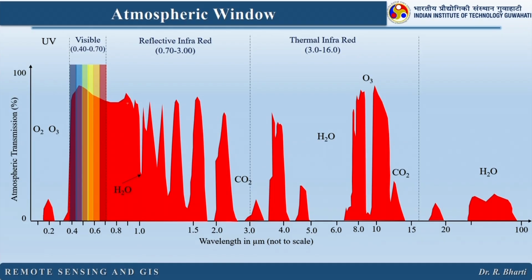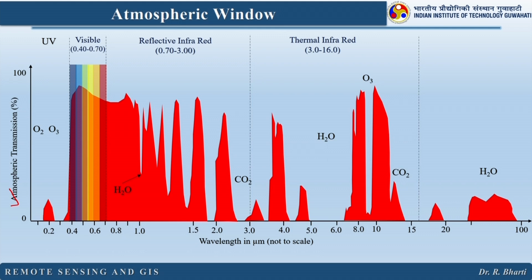Already I have explained this atmospheric window in many of my lectures. Atmospheric window means where we have maximum atmospheric transmission, right? Here you can see the red colors are showing the atmospheric transmittance.